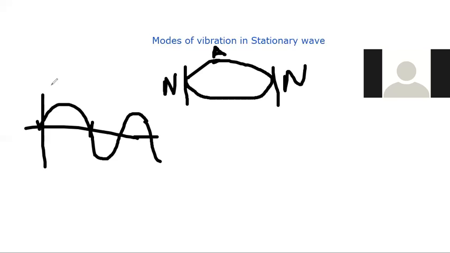I told you that we have two forms of boundaries in every stationary wave, the free boundary and the fixed boundary. The antinodes, which are the maximum oscillation, occur at the free boundaries, and the nodes occur at the fixed boundaries. I hope you get it.